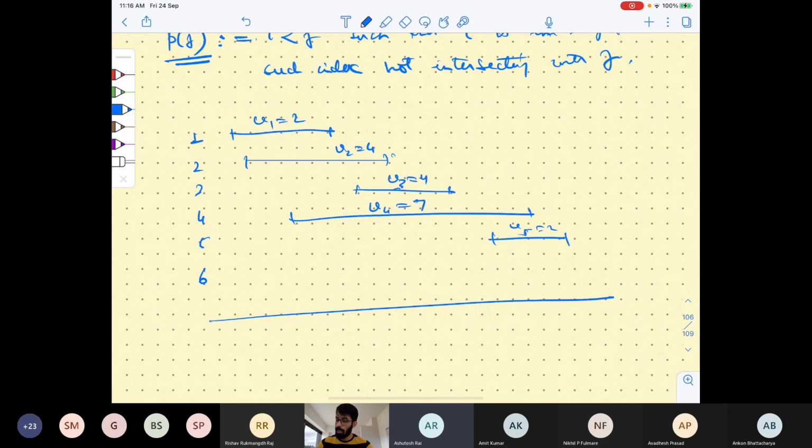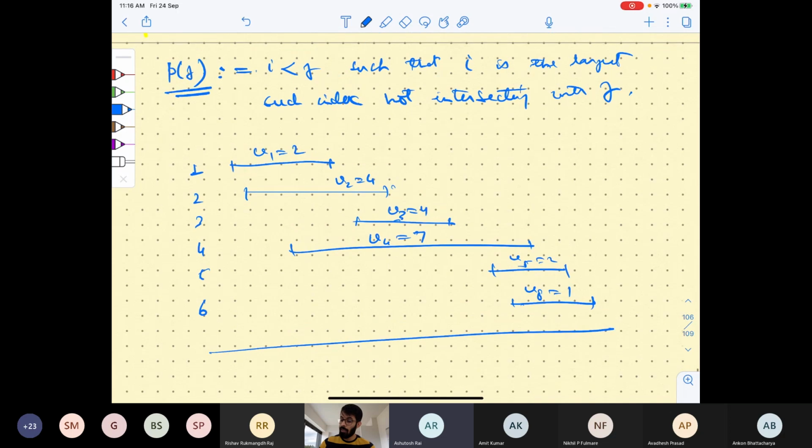I'm just copying the examples from the book. And v6 is equal to 1. Now I want to find this p value, the previous interval. We'll put pj equal to 0 if no such interval exists, if all i less than j intersect j.